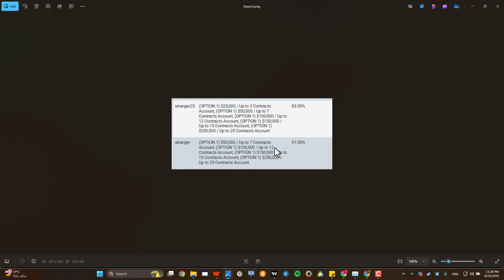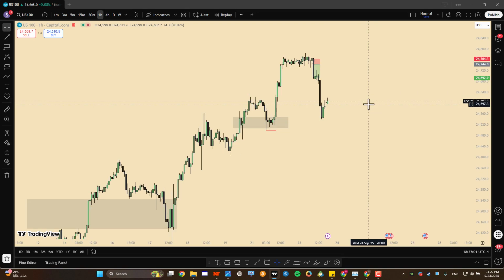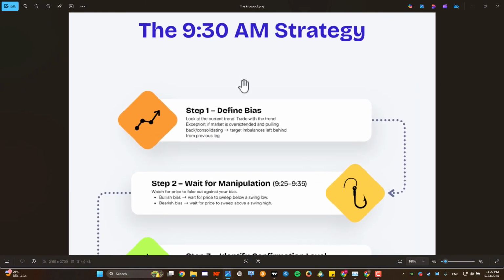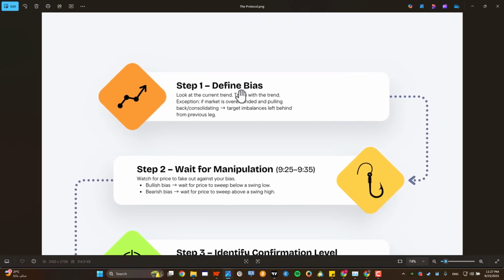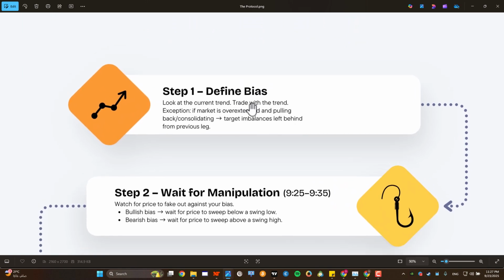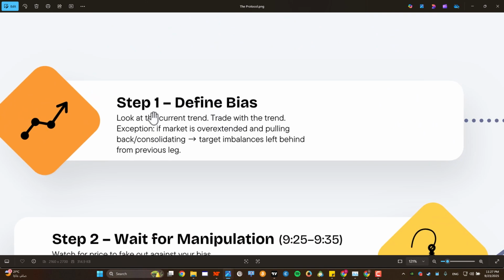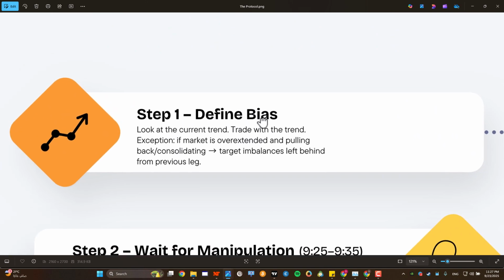Now let's get back to the strategy and explain the steps one by one. Let's start with the first step, and it's extremely easy. First of all, you need to define the bias. This is not some complicated method to determine the bias.